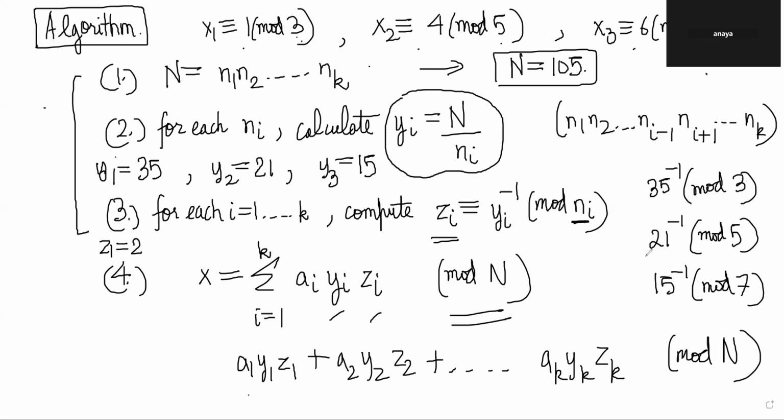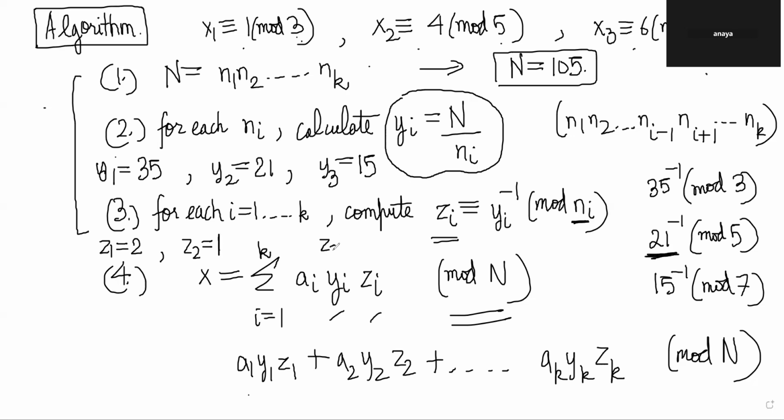Now Z2: 21 inverse with mod 5. So 21 with 1 will work automatically. 21 into 1 is still 1 mod 5. So 21 inverse should be 1.